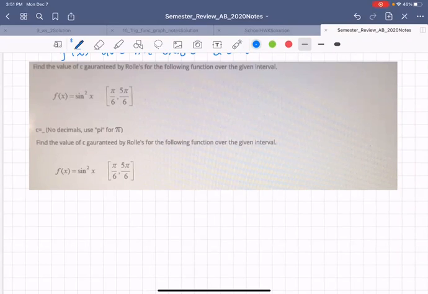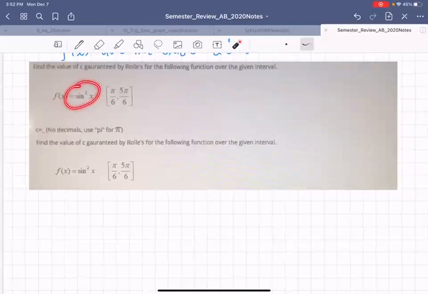So you are going to find out, because Rolle's theorem says if this function is continuous and also differentiable on this interval, then you must have a point c where f prime of c equals 0. And this is continuous and it is differentiable because it doesn't have anything undefined.